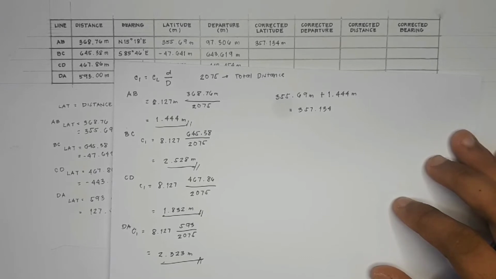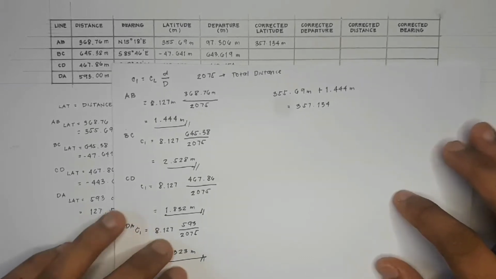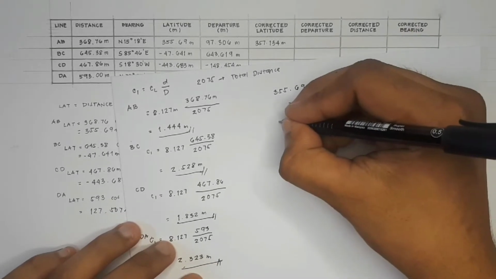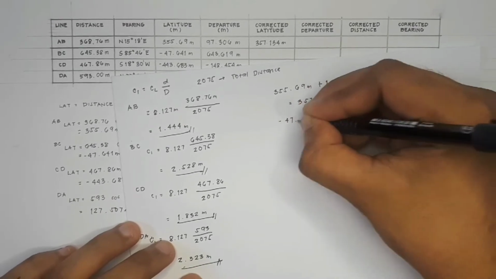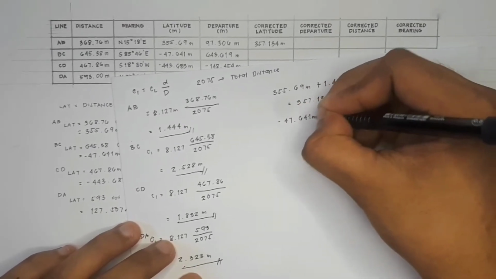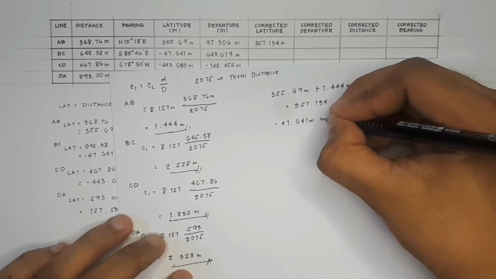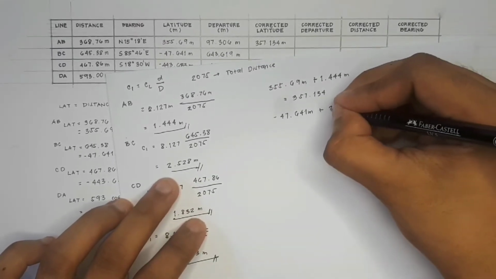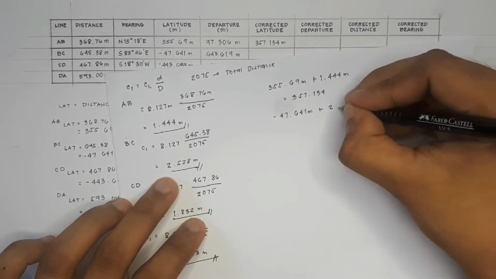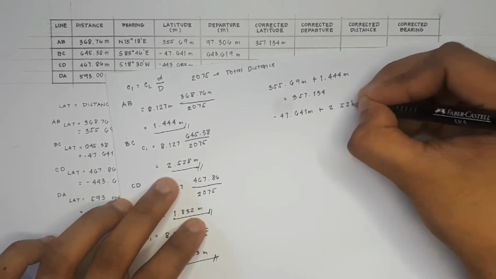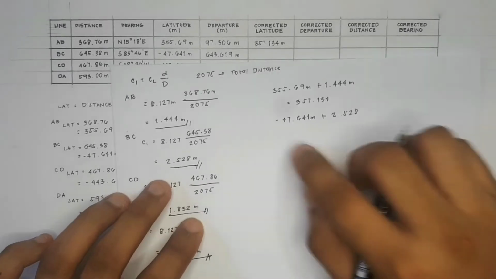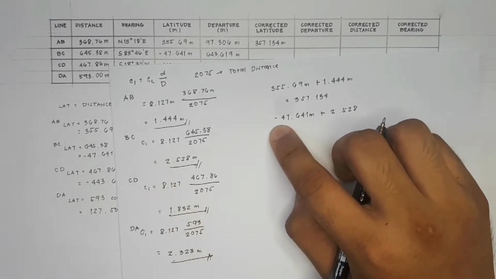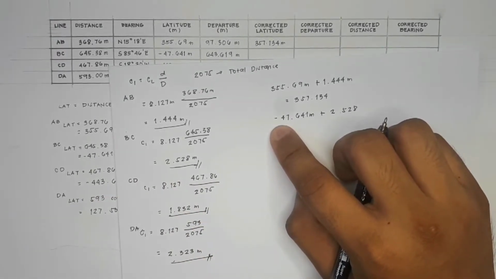The latitude of line BC is negative 47.641 meters, plus the correction for line BC, which is 2.528, and don't forget to put the sign of our latitude value.